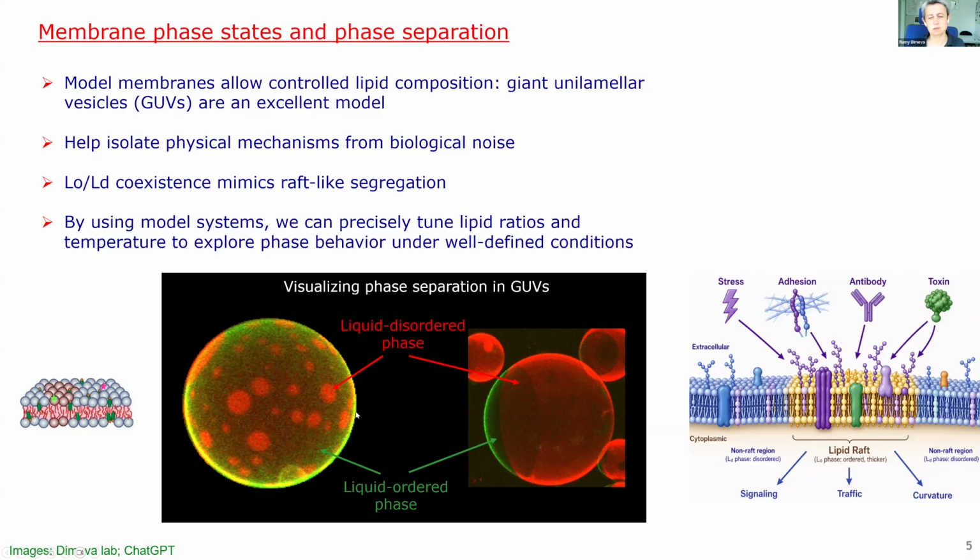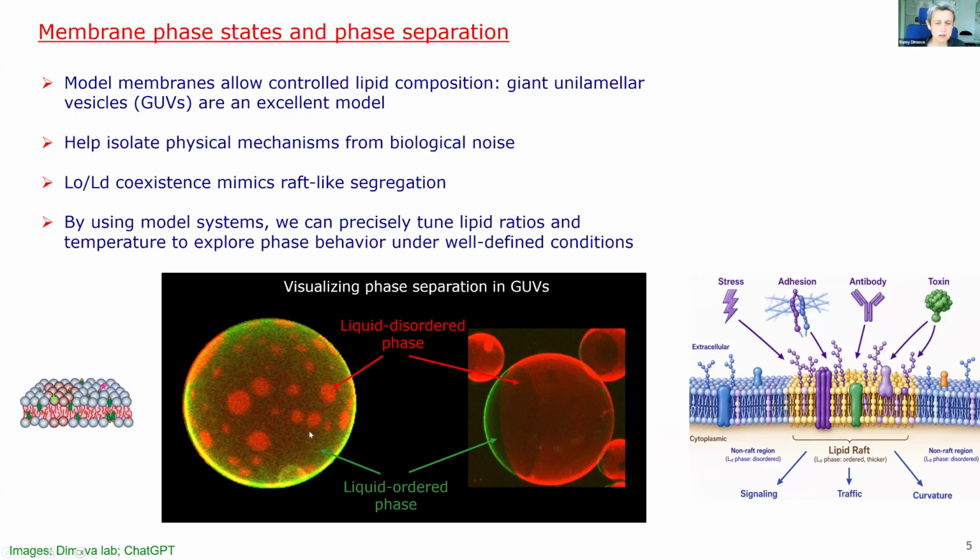Also, with these model systems, you can look at the coexistence of liquid-ordered and liquid-disordered membranes, and you can precisely control the membrane composition, and the conditions are well defined. You can then examine the effect of temperature or other factors.